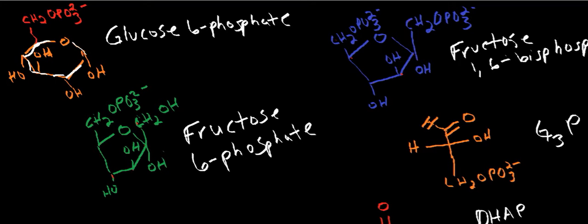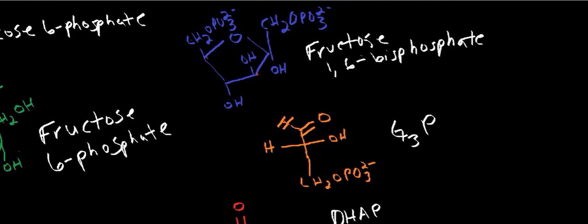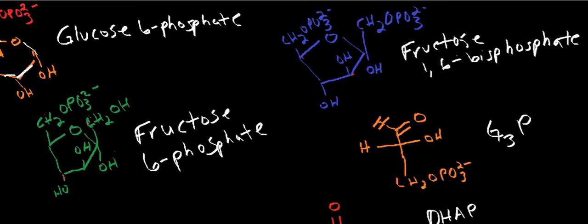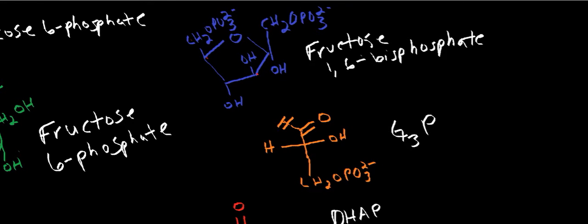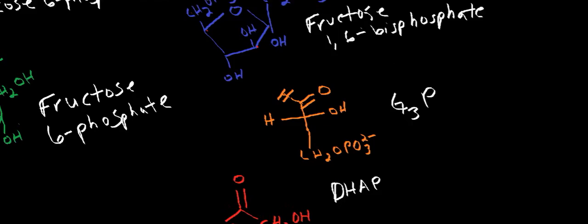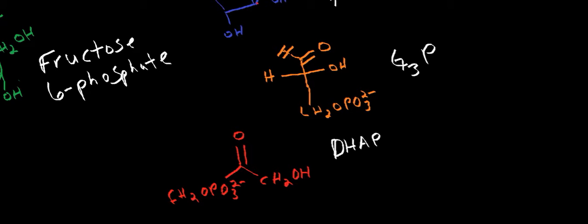From glucose 6-phosphate, you go to fructose 6-phosphate. From fructose 6-phosphate, you go to fructose 1,6-bisphosphate. From there, you go to G3P, and you actually could go from G3P to DHAP, but to continue glycolysis, you need G3P.